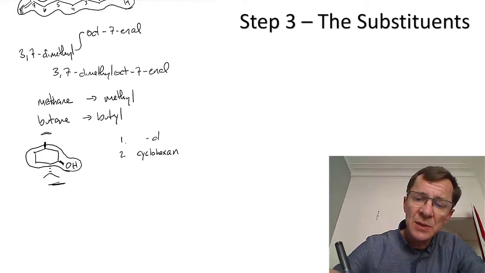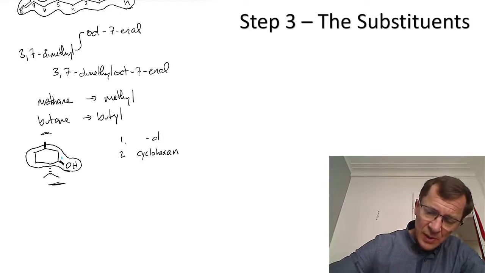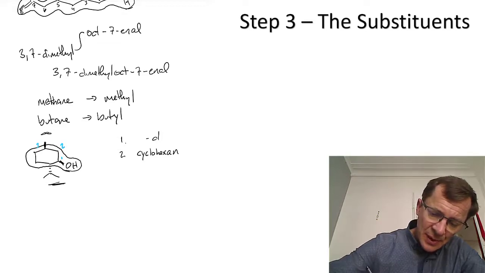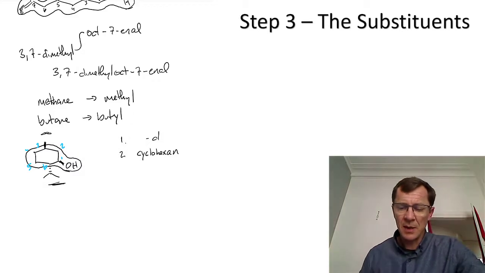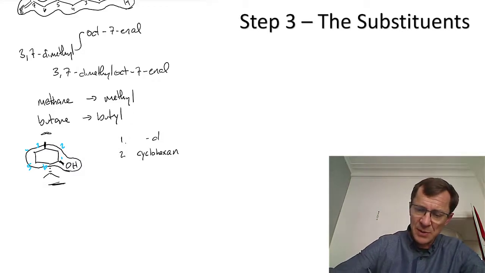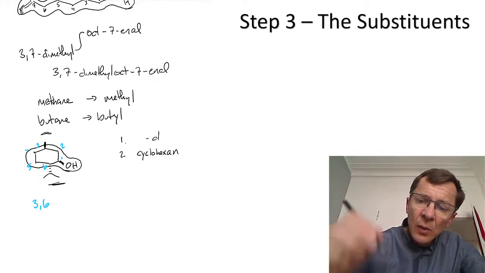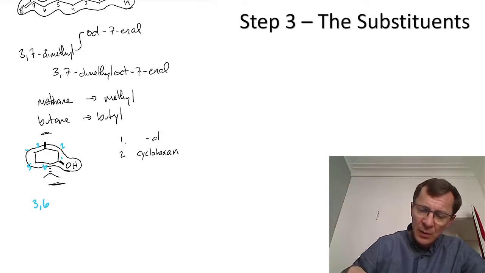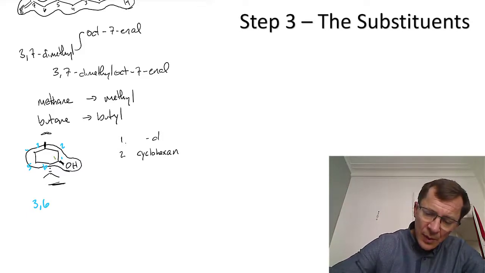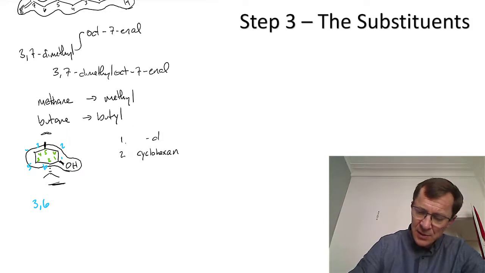So if I was to take these two possibilities, 1, 2, 3, 4, 5, 6, that would give our substituent numbers on number 3 and 6. Or I could go 1, 2, 3, 4, 5, 6.